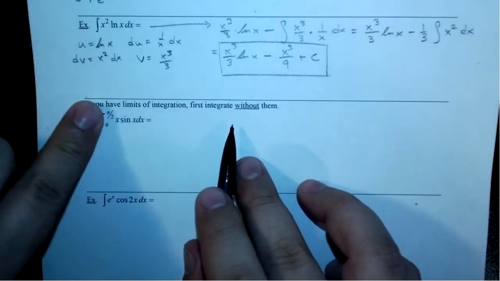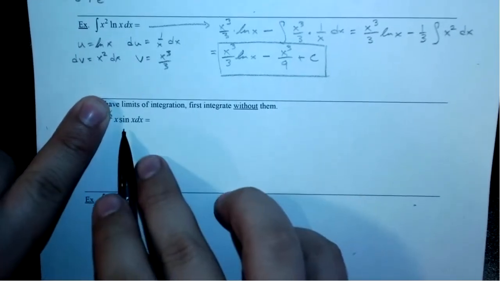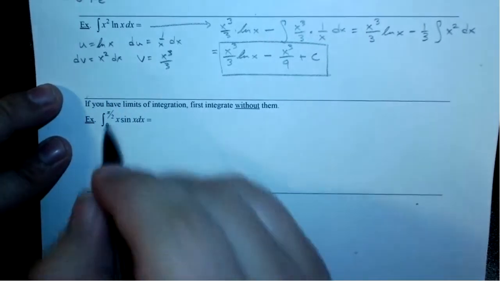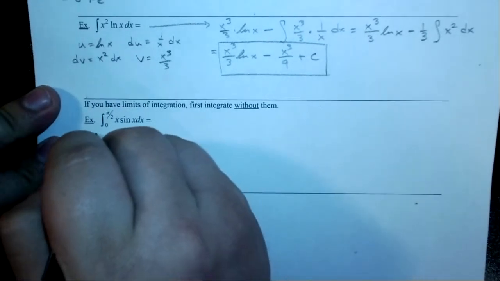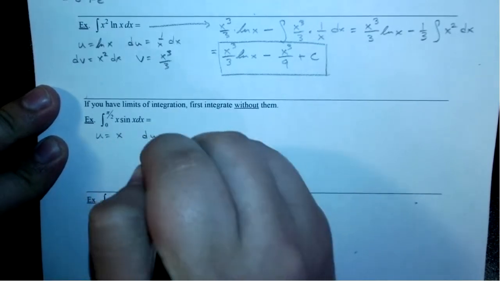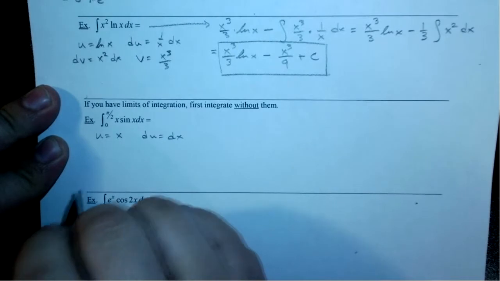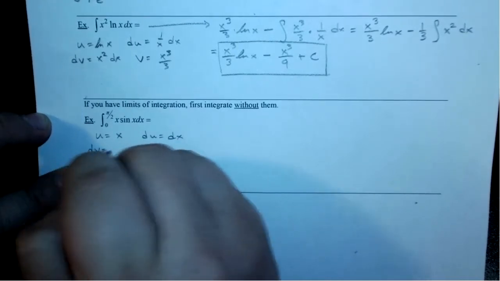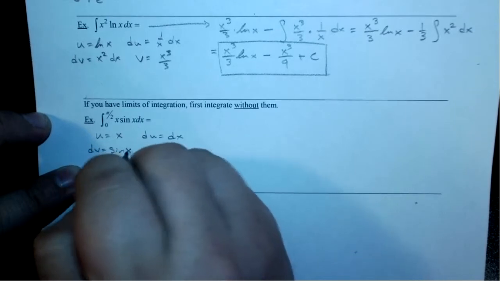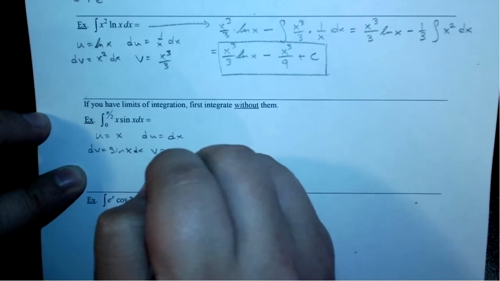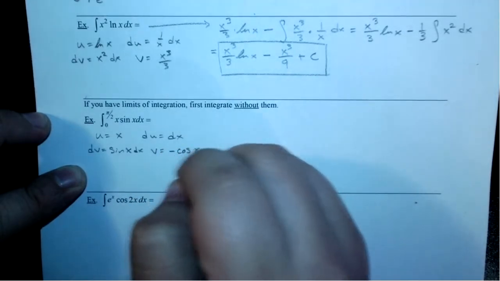So don't worry about it. Let's just do our integration by parts, kind of like we did at the very beginning. We've done this one already, but we'll do it again. U is equal to x, so that means that du is equal to dx. And then dv is equal to sine x dx, so that means that v must be negative cosine x.